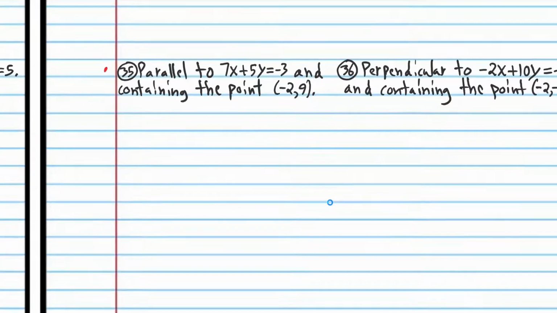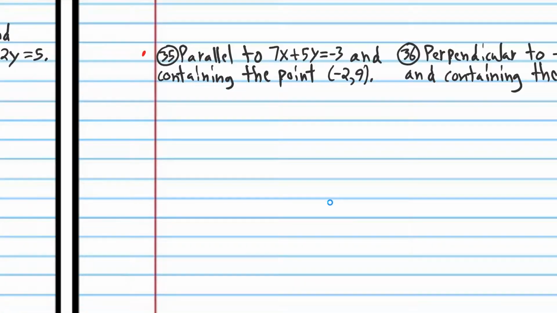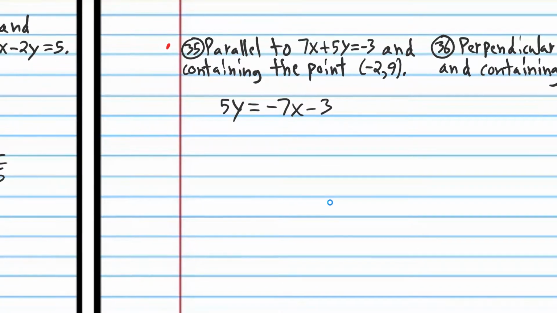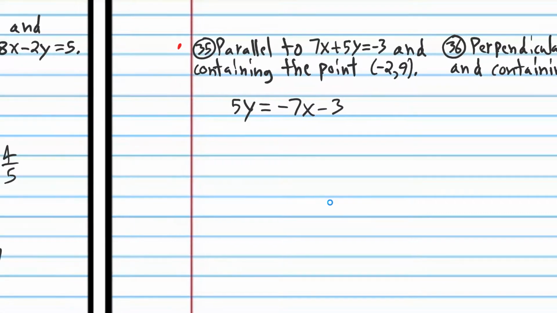All right, so let's do number 35 together. It's the same problem pretty much. We have to convert this standard form equation to slope-intercept form. Subtract 7x from both sides. And by the way, you can write the 7x on the other side if you want, but it's just going to look strange because it's not going to look like the general form of the slope-intercept equation.